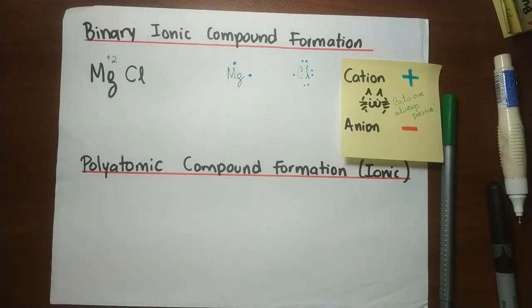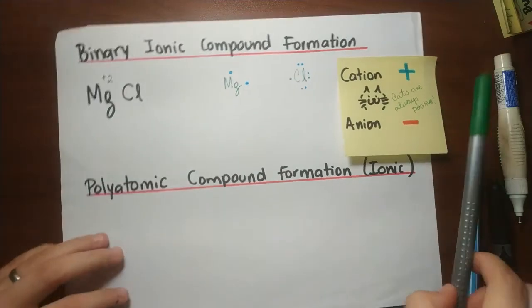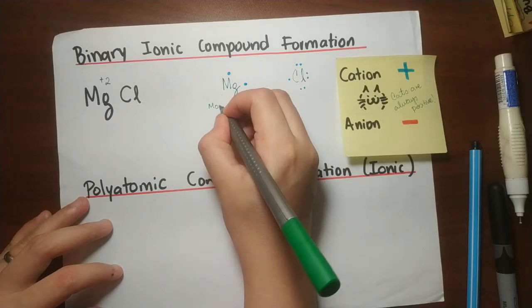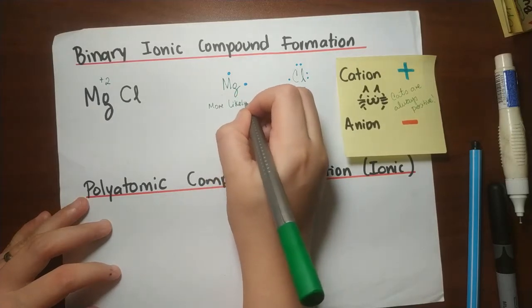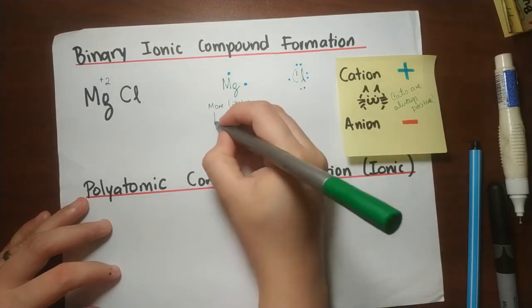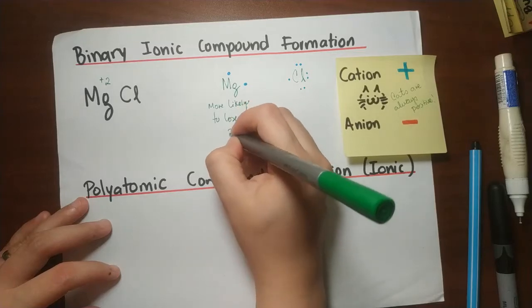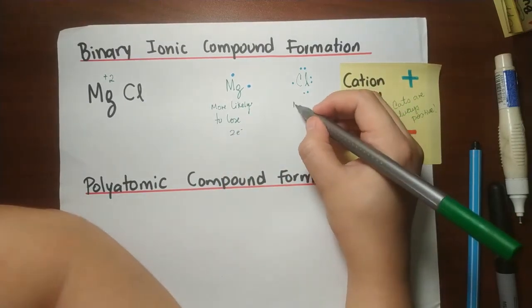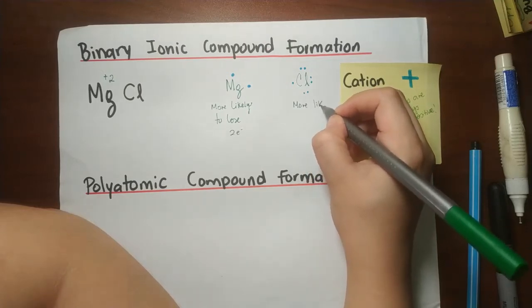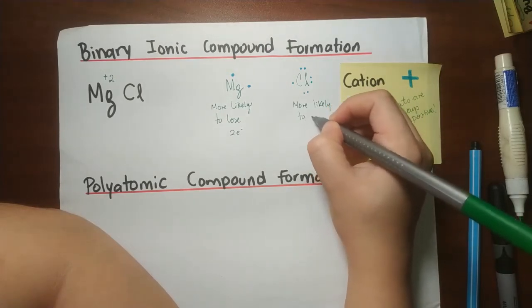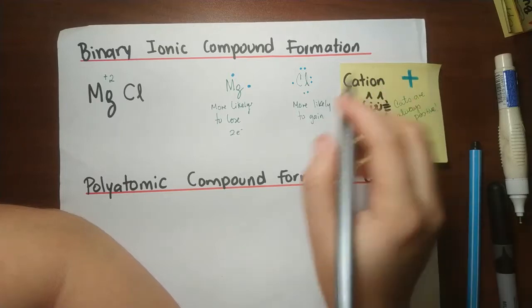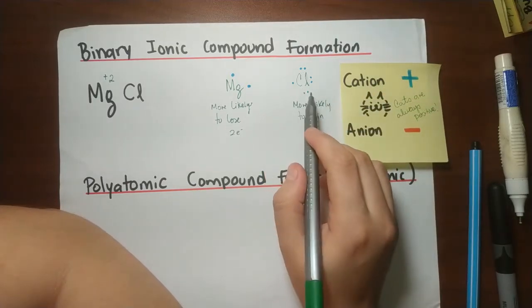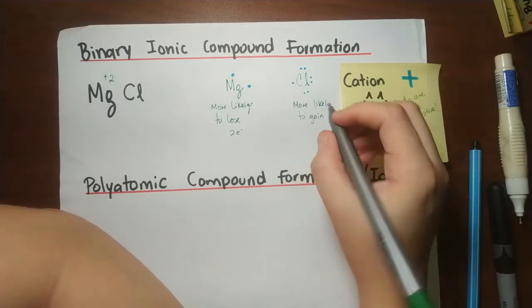So that means that magnesium is more likely to lose 2 electrons, and that chlorine is more likely to gain electrons. How many electrons is chlorine going to gain to have the octet?